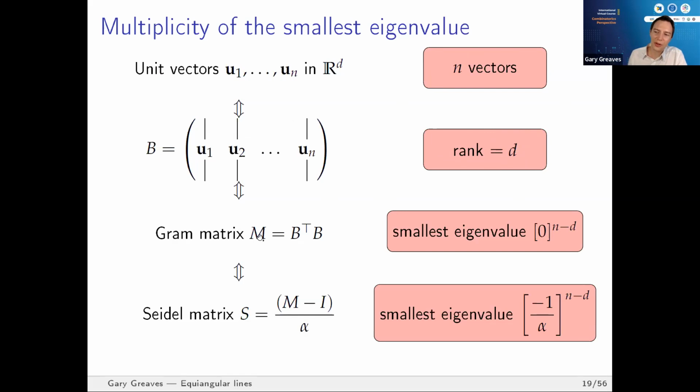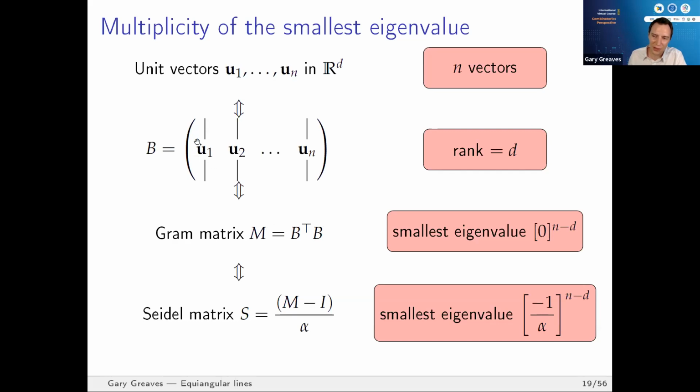Now we can form the matrix of inner products by just taking the transpose of this matrix multiplied by itself. If you think about it, that should give you the Gram matrix, because the first entry would be this one transpose multiplied by itself.